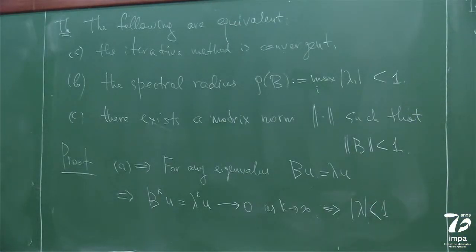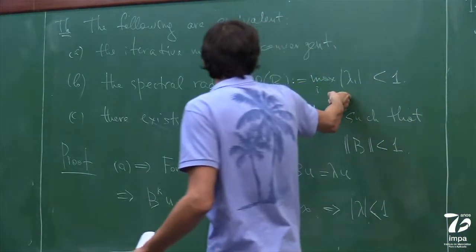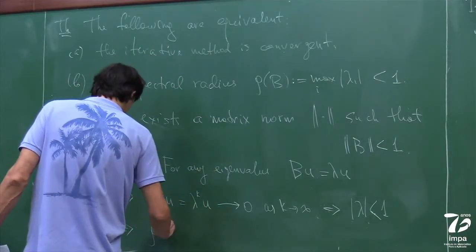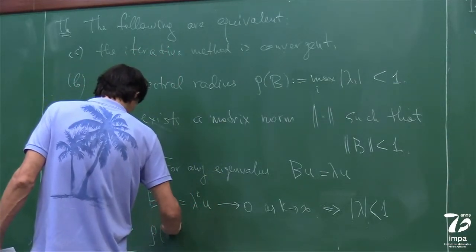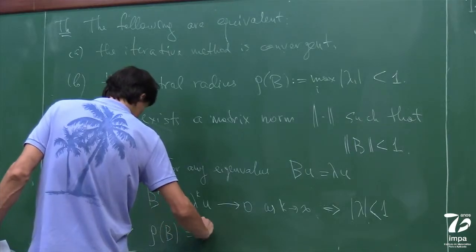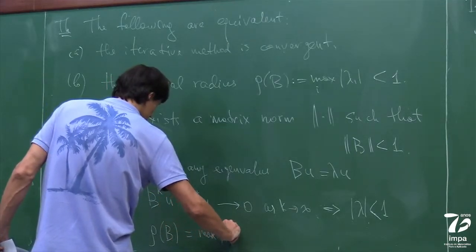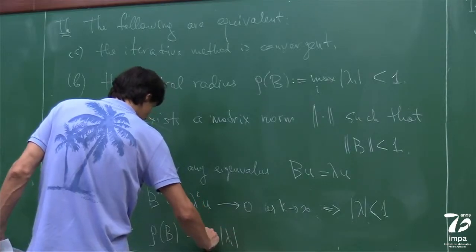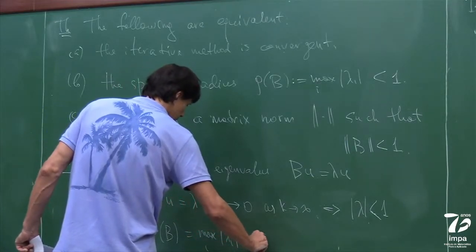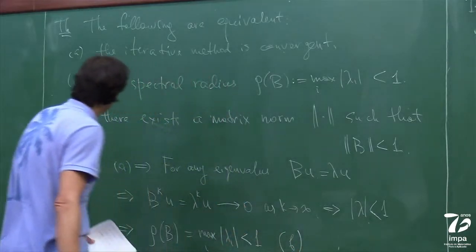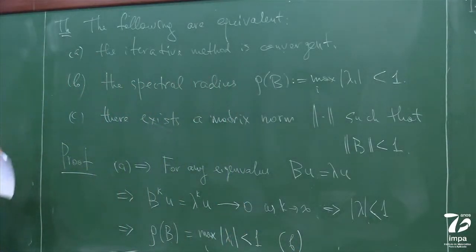And this is for any eigenvalue, which means that the maximum eigenvalue, the spectral radius, is also smaller than 1. So we proved that from A we get B.